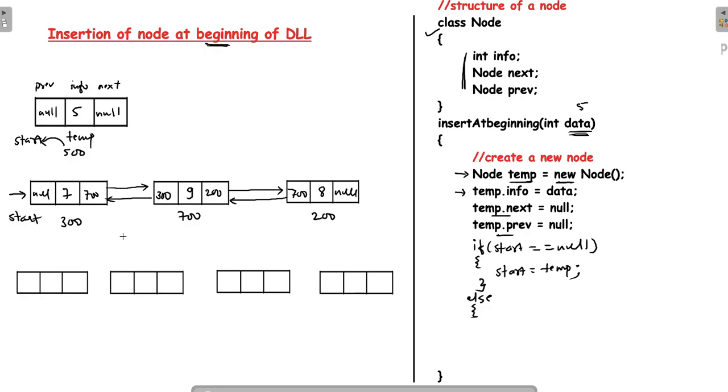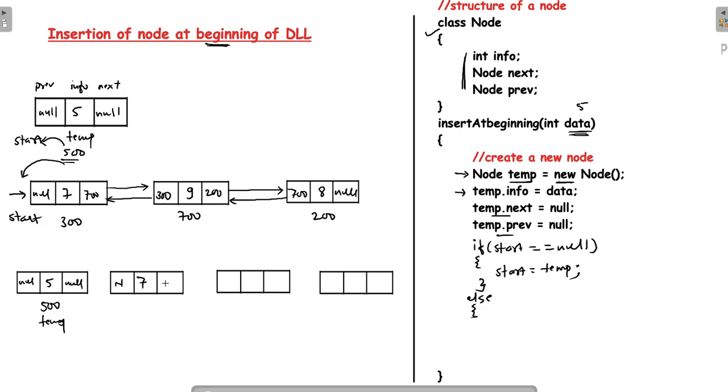So we have an existing list, and that's why we come to the else part. Now we want to add this newly created node at the beginning of the list. If you add that node at the beginning of the list, how will it look? Currently it will look like this. It is null, it is null, the address is 500, the name is temporary, and this is the existing list whose previous is null.